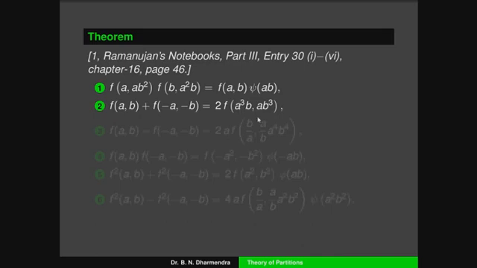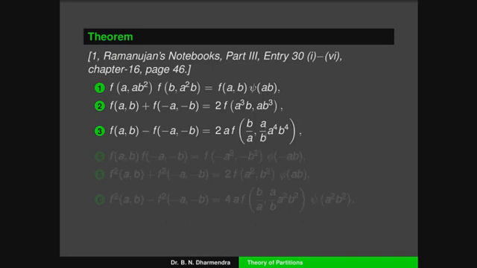Similarly, next we subtract these two terms: f(a, b) minus f(-a, -b) is equal to 2a times f(b/a, a/b).